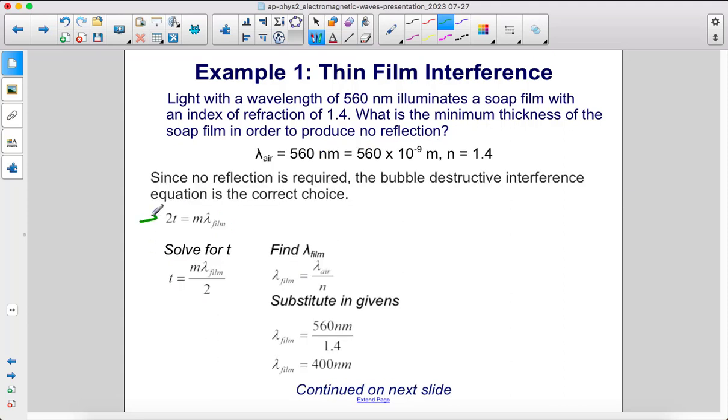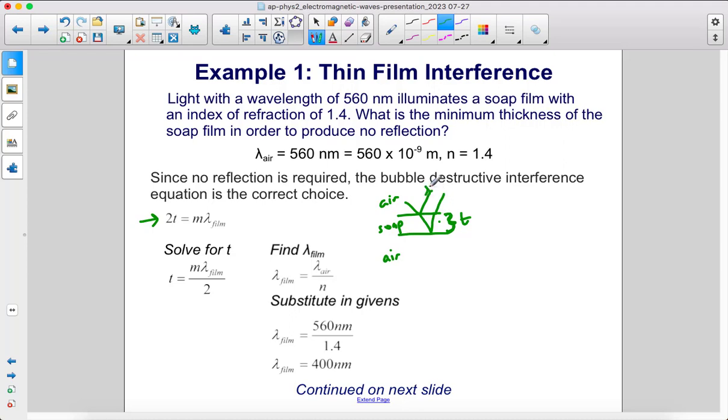We are going to use this equation, but let's draw a picture and reason through why. So the soap film is going to have, we're going to have air, then soap, then air again. So the light's going to come in and it's going to travel 2t, so this is t. It's going to travel an extra distance of 2t, and there will be a phase shift between these two.